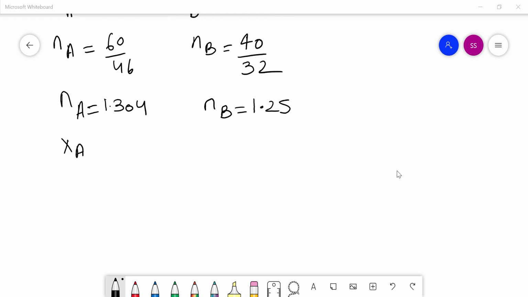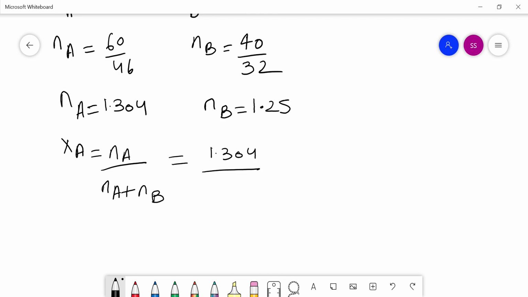Mole fraction of ethanol होगा moles of ethanol divided by total moles, which is equal to 1.304 divided by 1.304 plus 1.25, which is equal to 0.5107.